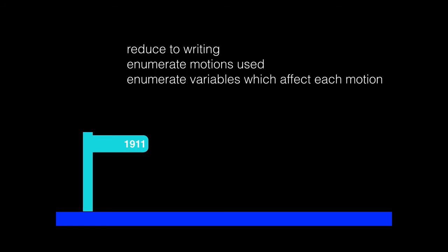The task back then, very much focusing on a particular job or work, was to reduce to writing the steps or the motions involved, so that you could enumerate and list out and identify what those motions were, but also so that we could identify the variables which affected each motion. That included things like what was it about the worker that made them do things in a particular way, what was it about the surroundings, and also thinking a bit more about the actual action and motions required.